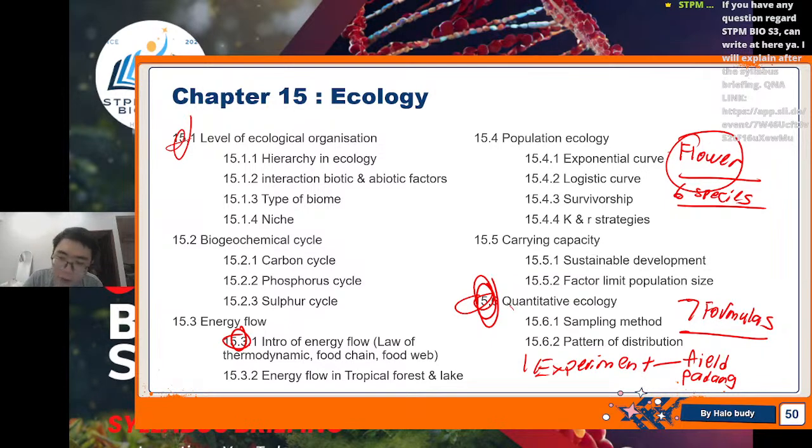You have to count one by one how many of each species are in this quadrat and that quadrat, and then calculate all of this. So this is one type of experiment.